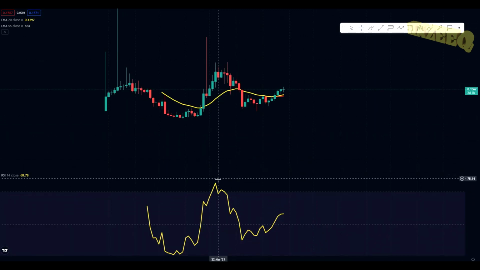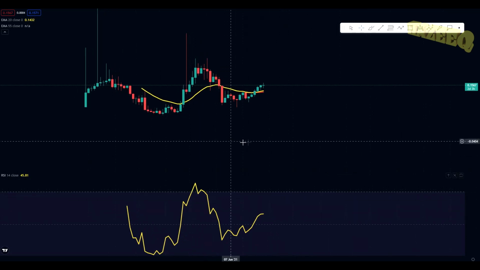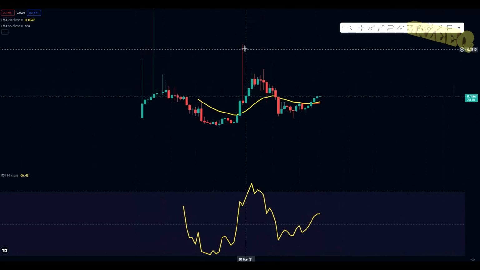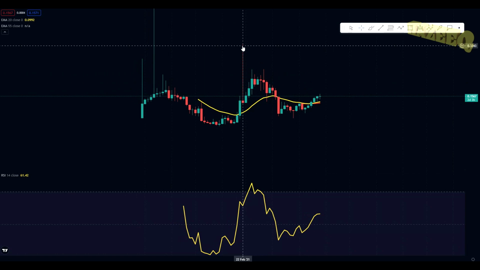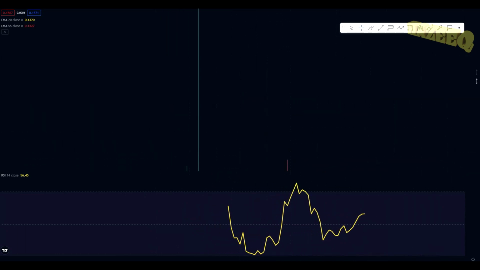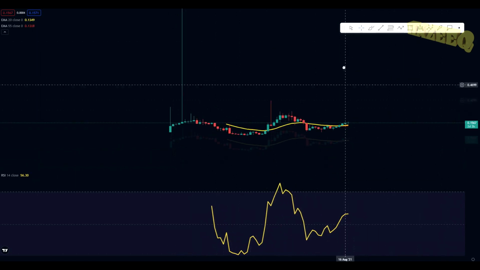But before doing that, I do want to jump into the RSI. On the RSI, as you can see, we have peaked out at March 15th, and that was around about 25 cents, but we have been much higher previously at 33 cents over here, and we actually have wicked all the way up to $2, but I'm not counting that into this TA.